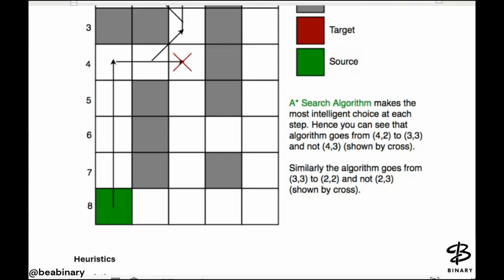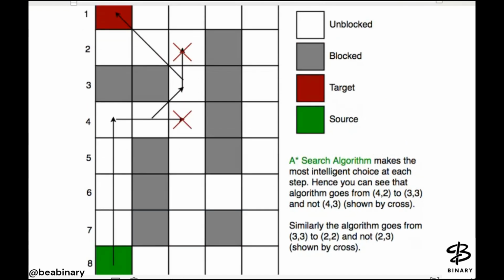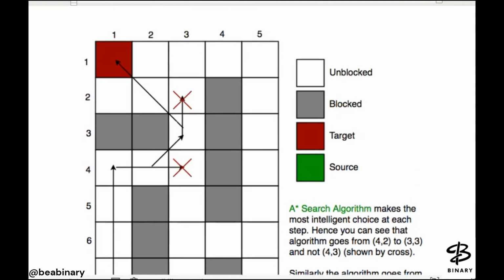So it is basically using a diagonal approach, with which it can skip blocks and simply search for the shortest path to reach the source state here.